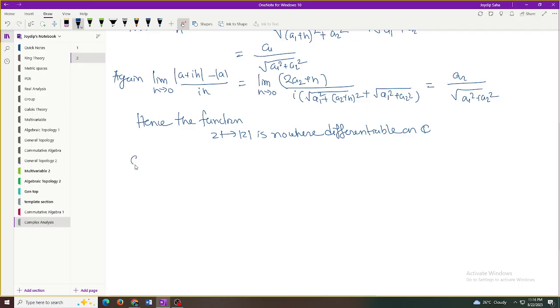So check that the function is not differentiable. Next observation.